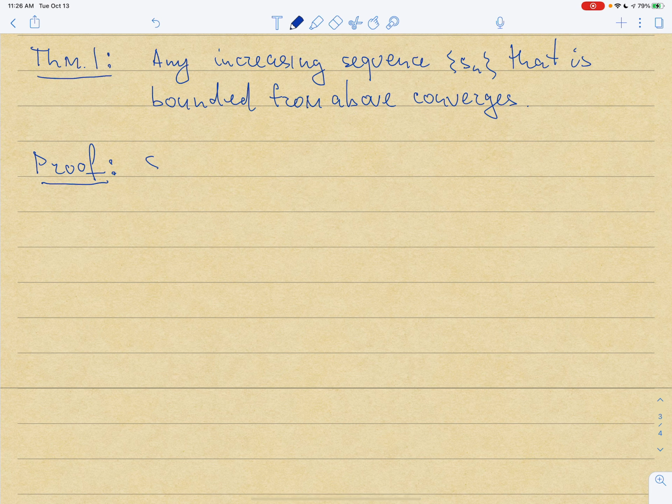So since Sn is bounded from above, then as a set, Sn has a supremum.